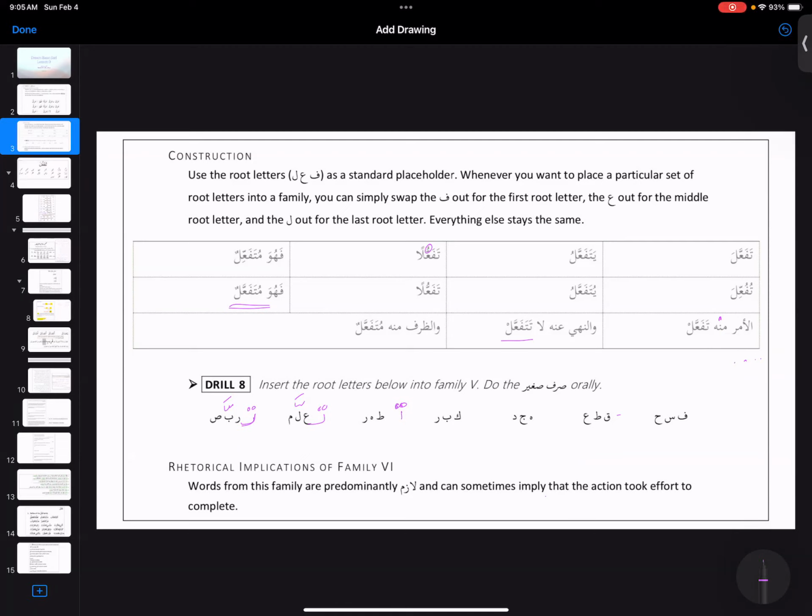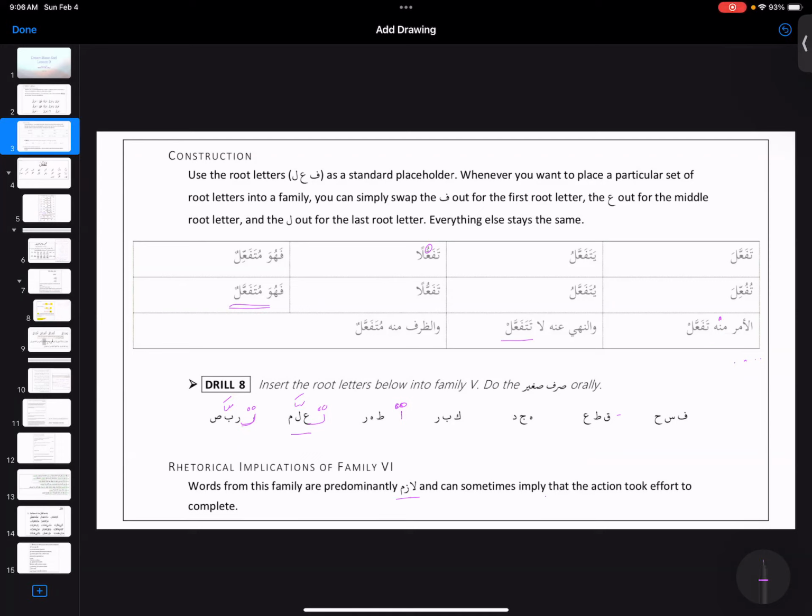Yes, but mostly. When we say this bab is mostly lazim, it's not that every verb from that family is lazim, but mostly they are. Now, ta'allama means he learned. Learning is for himself, right?